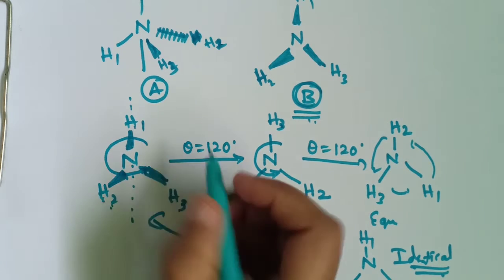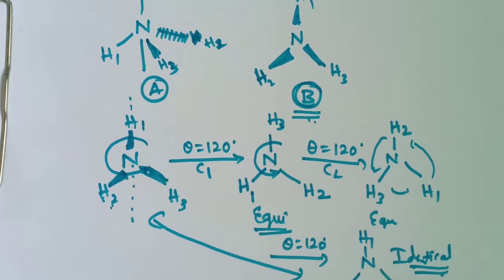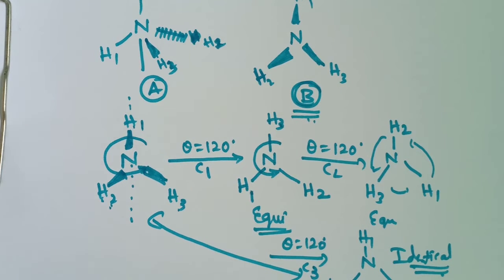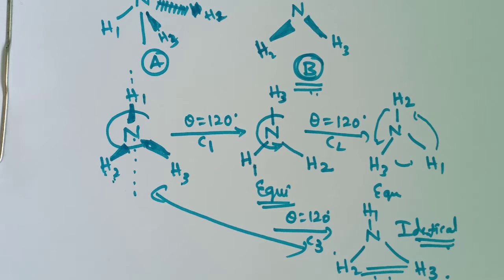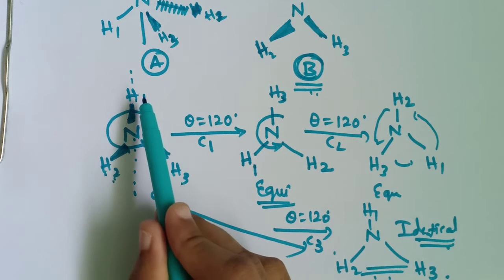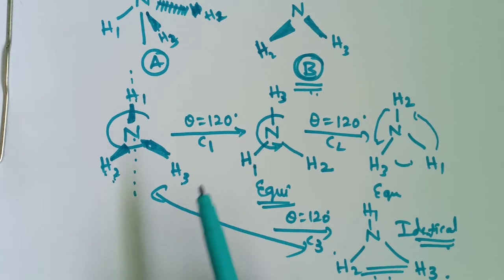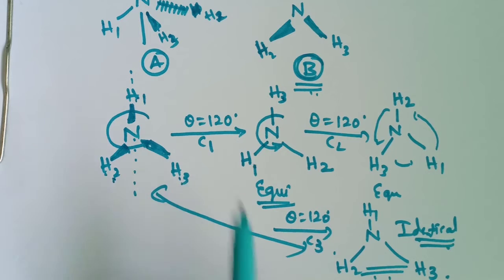This is C1, C2 and C3. So we have to remember that we know one trick: the number of atoms rotating is equal to the axis of the molecule. See here how many atoms are changing their position: 3 hydrogen atoms are changing their position.